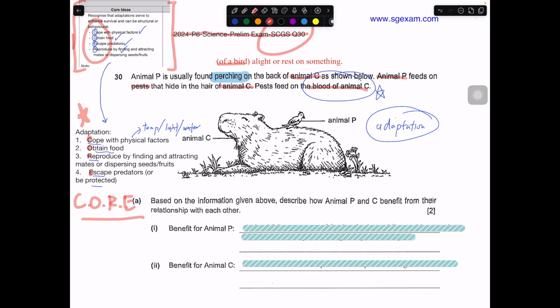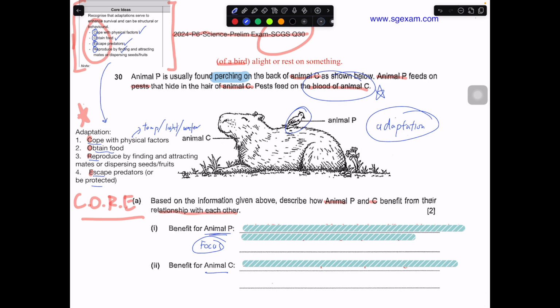Based on the information, describe how P and C benefit from their relationship with each other. This one you have to be careful. Benefit of animal P means this is the focus, you think about P. Benefit for C, you think about C. So P is the bird over here. How does perching on the back of animal C help it?